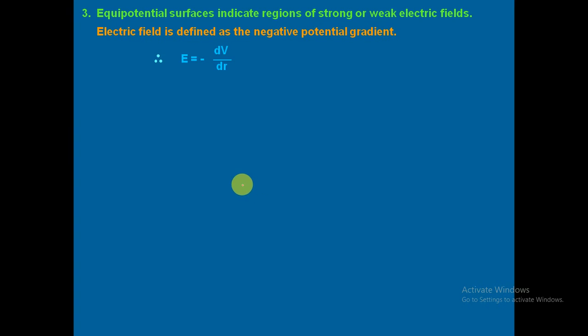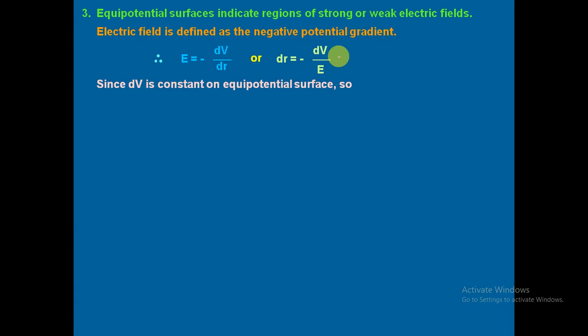We can show here that electric field is negative of dV over dr. So dr is equal to dV over E, but dV is constant for an equipotential surface. So dr is inversely proportional to electric field.